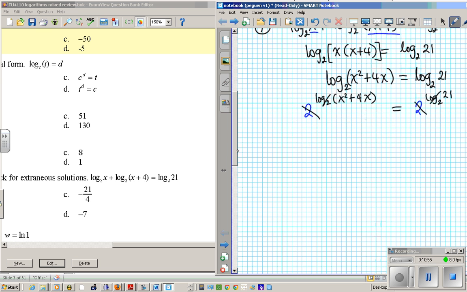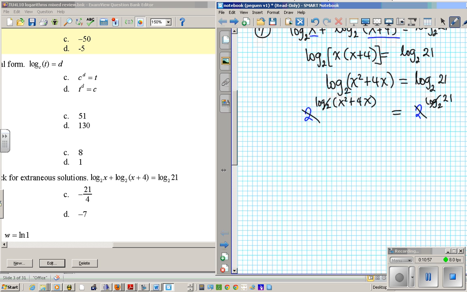And then we're going to have the quadratic equation x squared plus 4x equals 21. To solve quadratics, we need to set this equal to 0, right? So we subtract 21 from both sides. Subtract 21, subtract 21. And then we're going to have x squared plus 4x minus 21 equals 0. Okay?